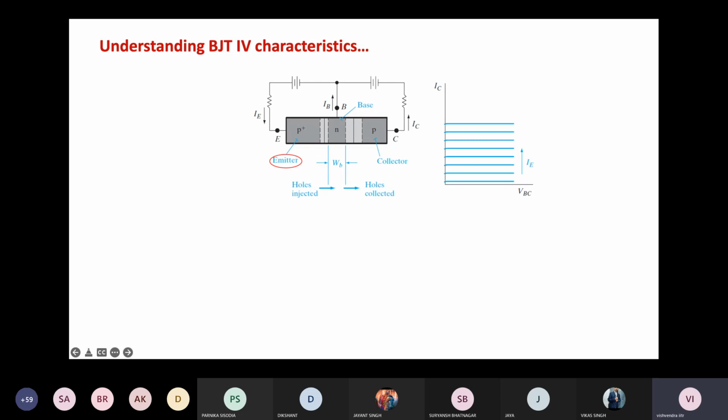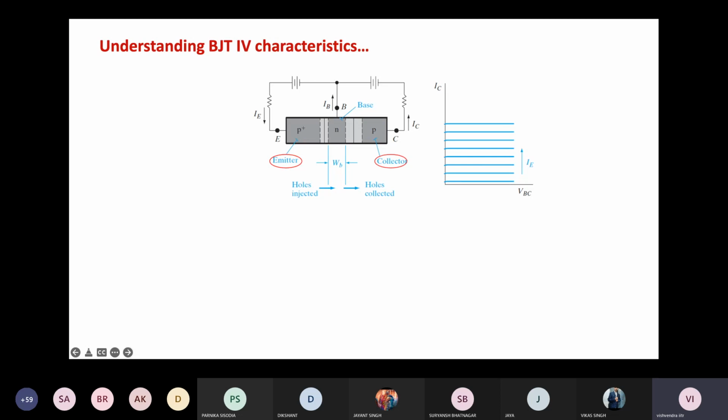It's a reverse bias current, so it's almost independent of the applied voltage. However, it depends on how much current is coming from the emitter terminal. If the emitter current is more, collector current is also more. If emitter current is less, collector current is also less.